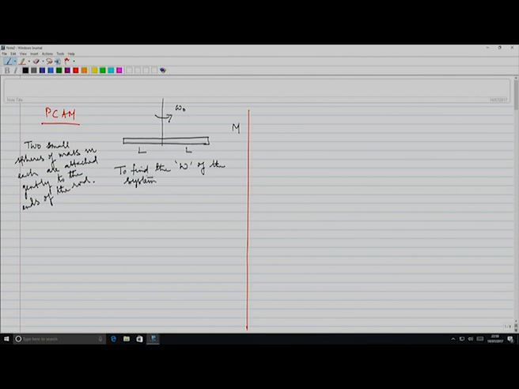Right. Now there are no external torques. So first thing we notice that no external torques. So principle of conservation of angular momentum applies.